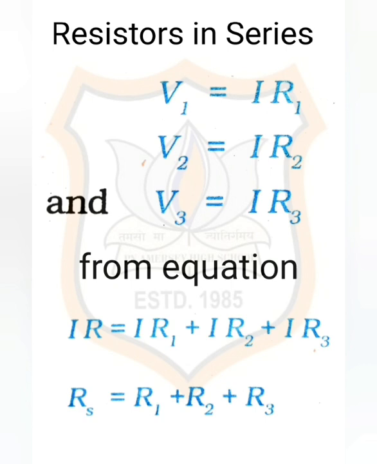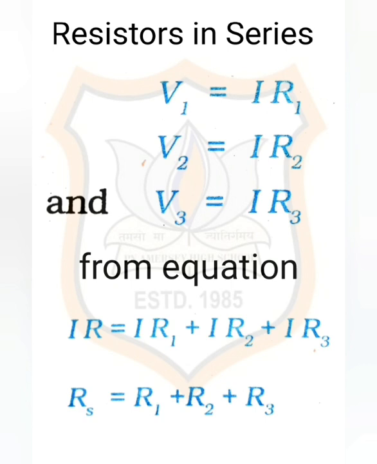We have just discussed these things in the last activity. So, according to the last activity, 3 resistors with resistance R1, R2 and R3 are connected in series across the points A and B. Here, the current I flowing through each of the resistors R1, R2 and R3 is the same.